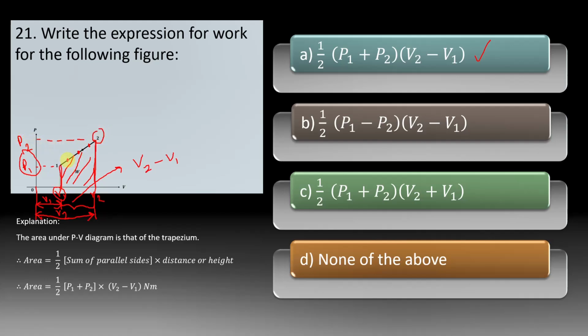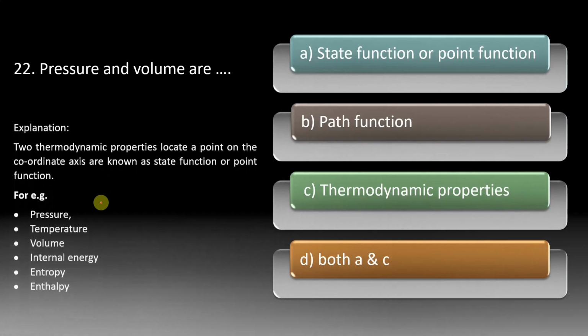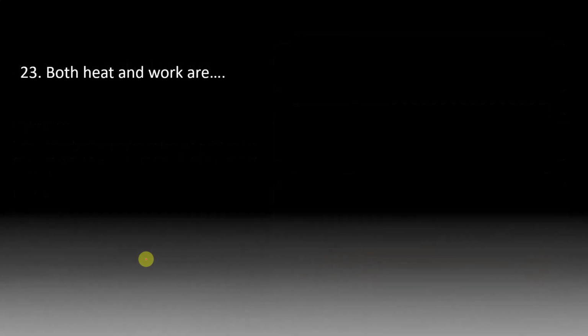If you take any other intermediate point, then you can note down the corresponding values of pressure and volume. So they are dependent on the point, and that is known as the state function or point function. Two thermodynamic properties locate a point on the coordinate axis. Pressure, temperature, volume, internal energy, entropy and enthalpy are point functions.